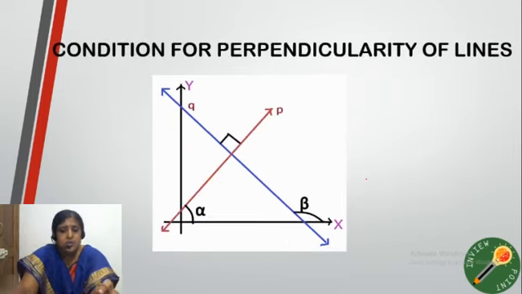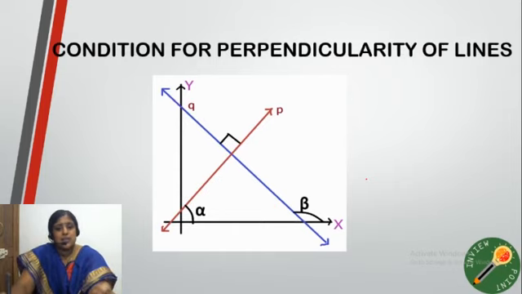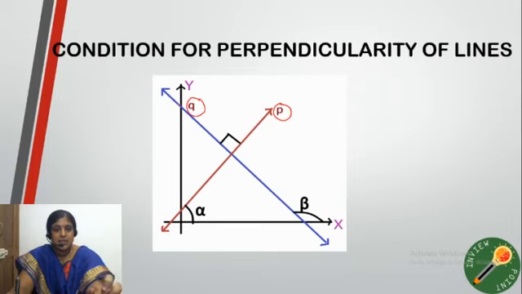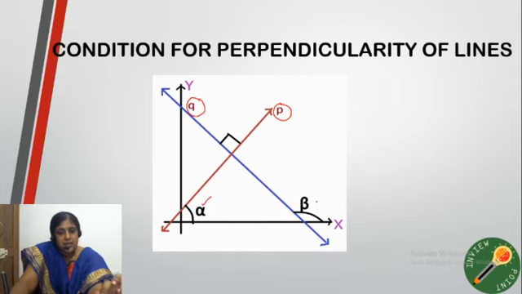Okay. Now consider two lines which are perpendicular to each other. Say two lines P and Q are taken, and they are perpendicular to each other. Then what is the inclination made by the line P with the x-axis? It is alpha, and the angle of inclination made by the line Q is beta.